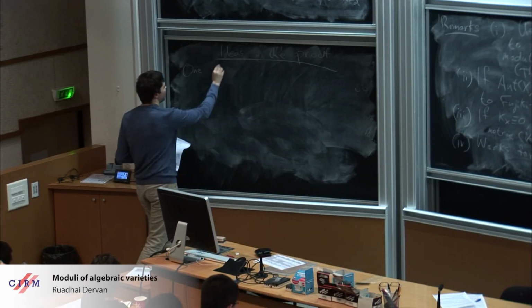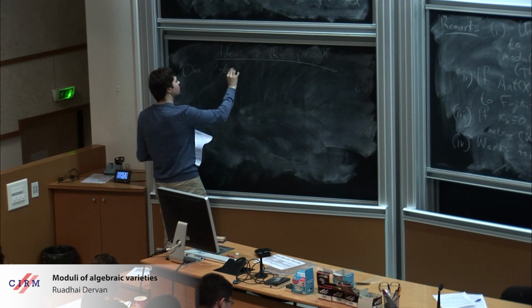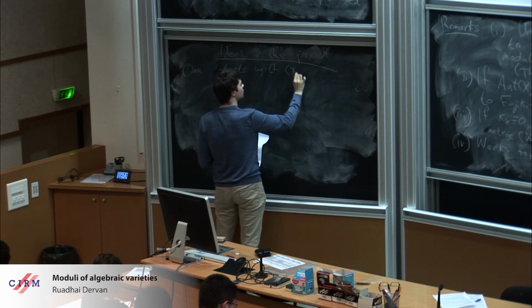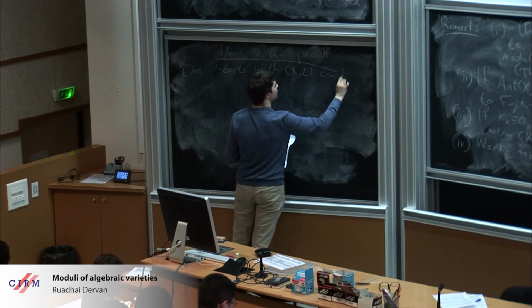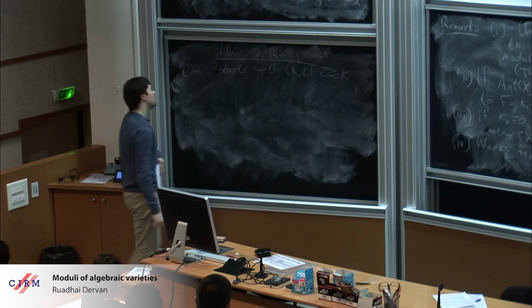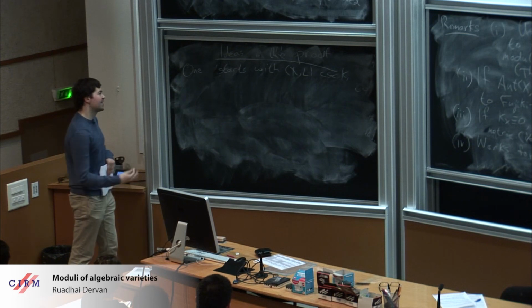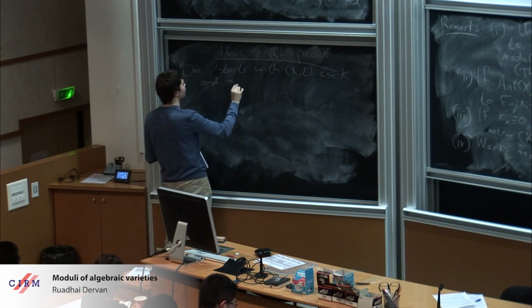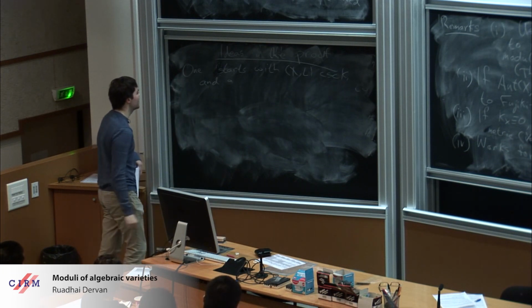So one starts with (X, L), cscK. And to this, you can associate the Kuranishi space, which is a versal deformation space.